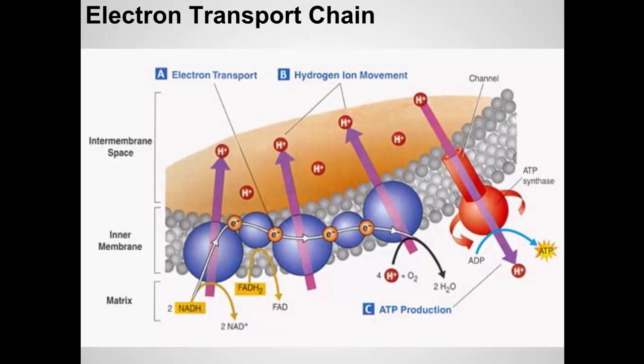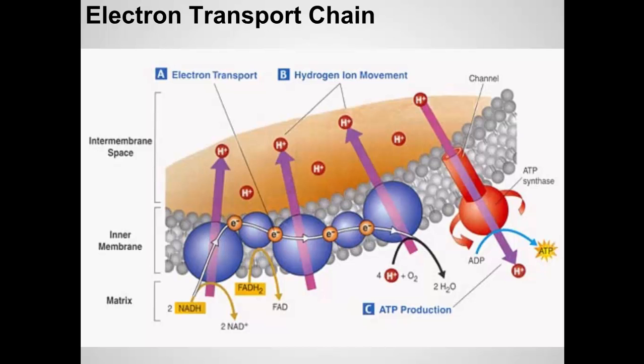So, to give it a little more visual sense, this is the intermembrane space in the mitochondria. Here are the electron transport chain molecules. They're cytochromes. NADH, which was an electron carrier that was produced in glycolysis and the Krebs cycle, gives its electrons along with FADH2.